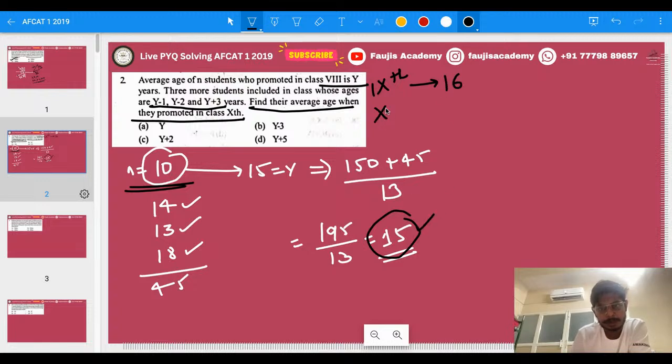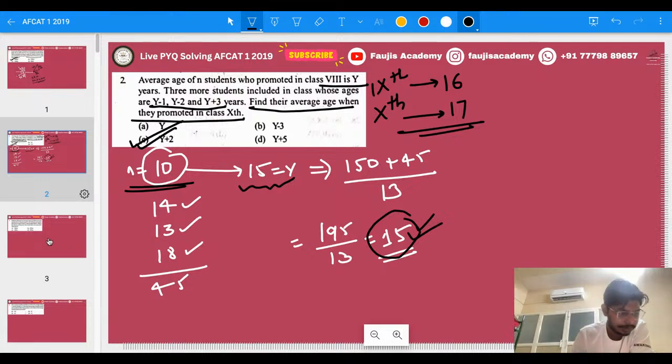And when they are promoted to the next class, their average will be 15 plus 1 plus 1, that means 17. Otherwise we can also write it as y plus 2, because we have assumed y is equal to 15.